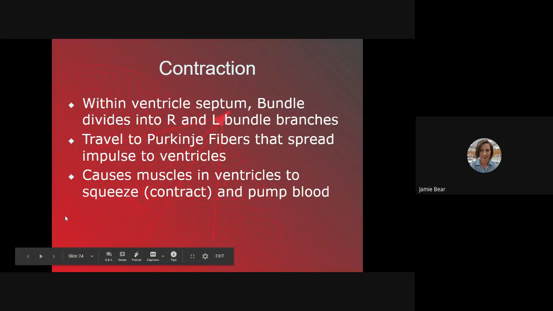Within the ventricular septum, there are the right and left bundle branches, and they travel to the Purkinje fibers that spread impulses to the ventricles. That causes the muscles in the ventricles to squeeze, or contract, and actually pump the blood. So at every squeeze or contraction, that's where we get our stroke volume.